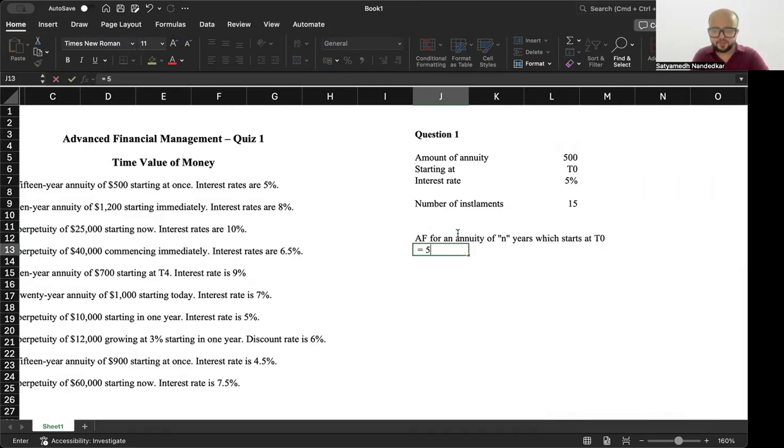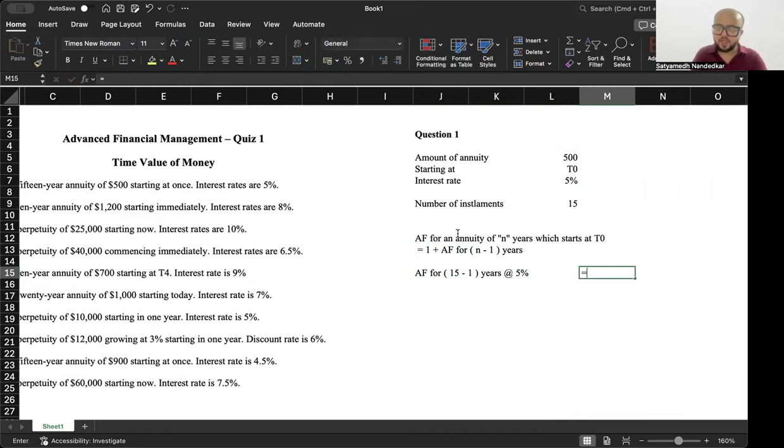That is 1 plus annuity factor for n minus 1 years. Okay, so annuity factor for 15 minus 1 years at 5% rate. That is annuity factor for 14 years. 1 minus 1 plus r raised to minus n upon r.